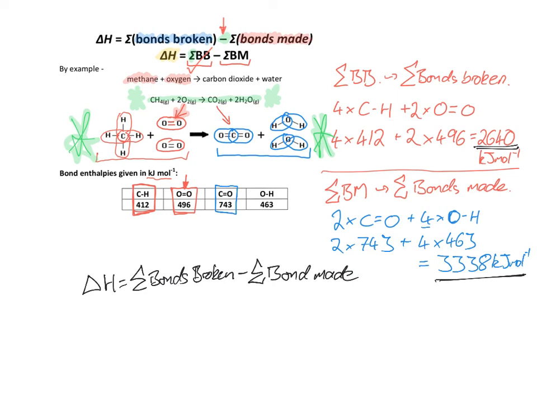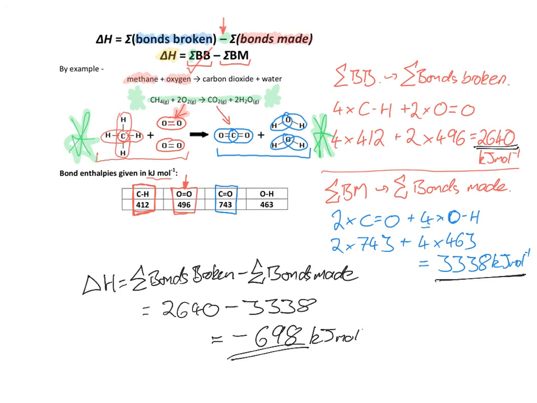Delta H equals sigma bonds broken minus sigma bonds made, which is 2,640 minus 3,338, which equals minus 698 kilojoules per mole.